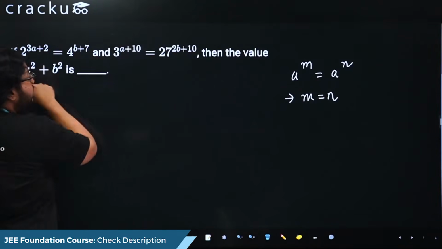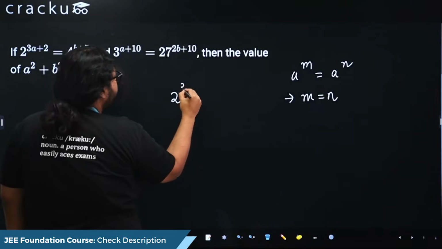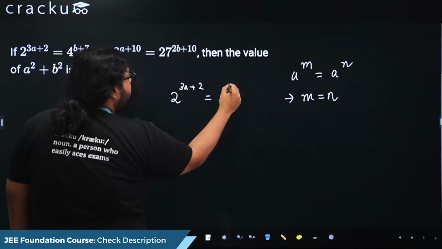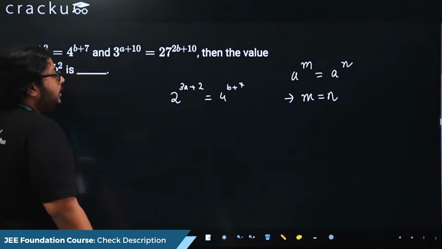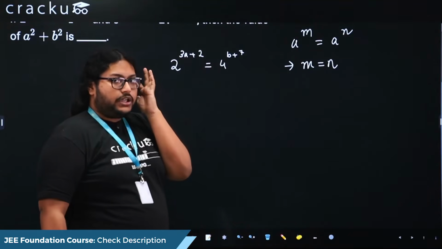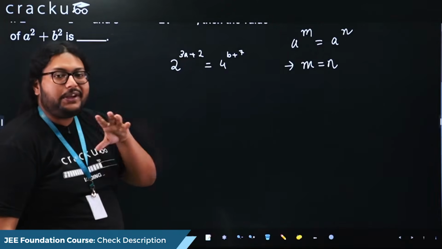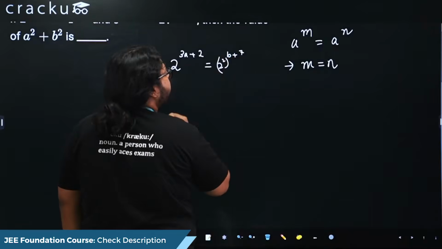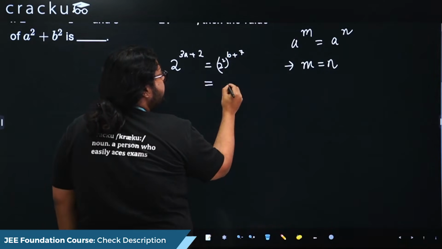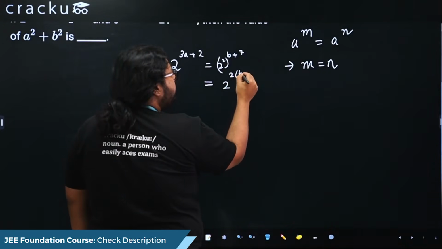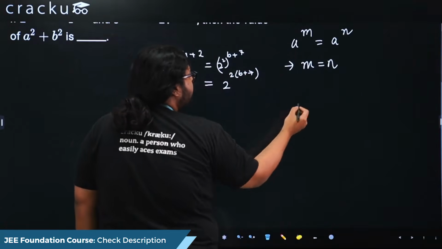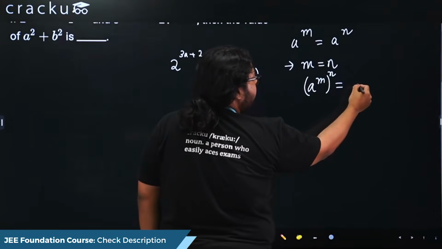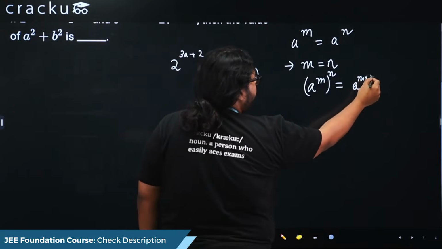Let's consider the first equation. We have 2 to the power 3a plus 2 is equal to 4 to the power b plus 7. Here, obviously 2 and 4 are not equal, but 4 I can write as 2 square. So 2 square whole to the power b plus 7. This basically becomes 2 to the power 2 into b plus 7. Here we use the exponents rule: a to the power m whole thing to the power n is equal to a to the power m into n.